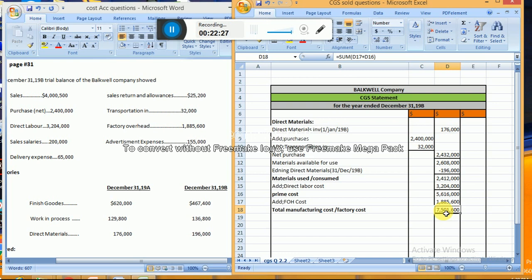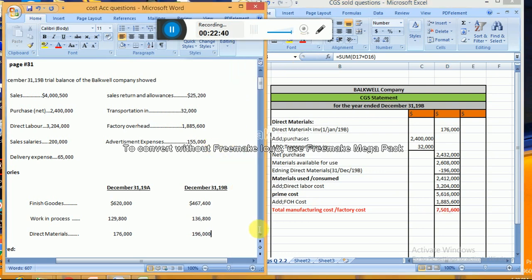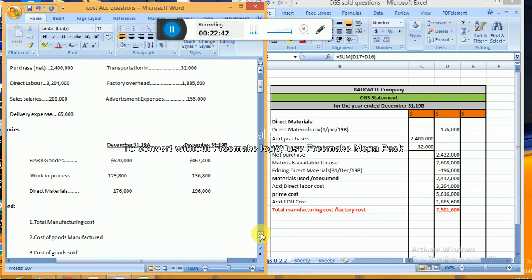Clear? So this was my first requirement, total manufacturing cost. Look at the requirement, total manufacturing cost, which we found out is 75,01,600.